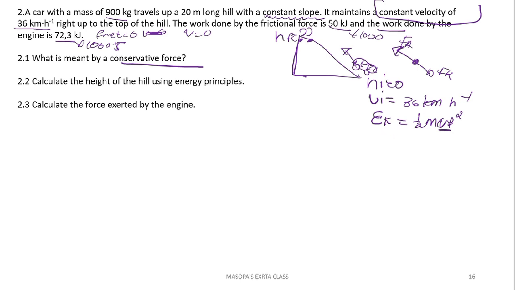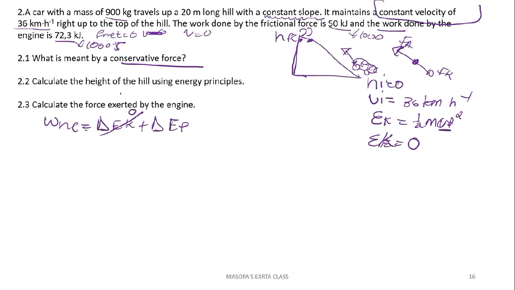So basically the Emech there is 0, meaning that when you go from work done by non-conservative force, you have change in kinetic energy plus change in gravitational potential energy, and this thing will be 0.